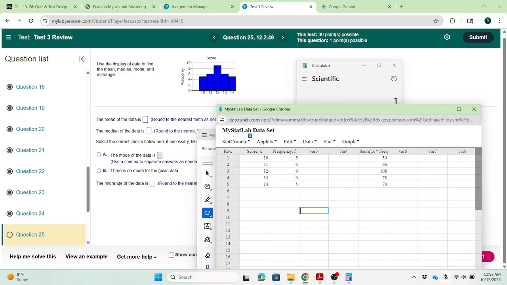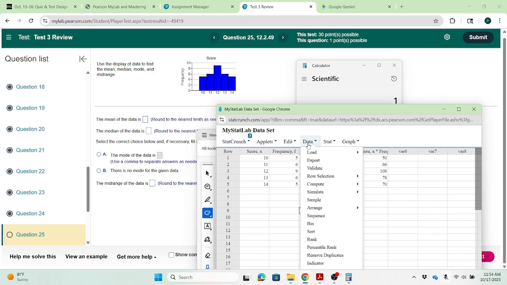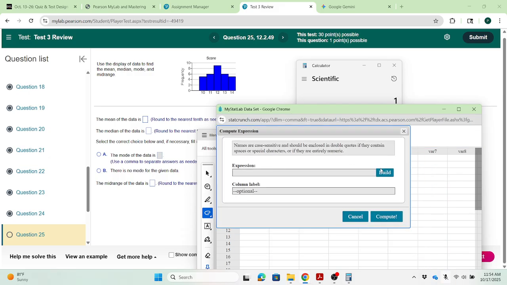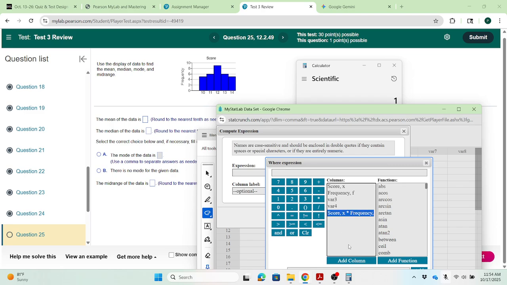Now we want to compute the new expression: find the sum of this column and divide by the sum of the frequency column, which we already updated.